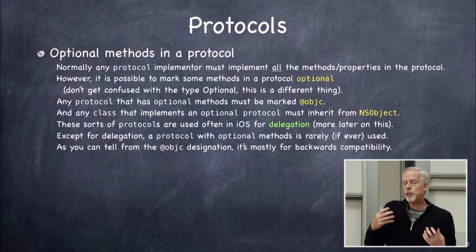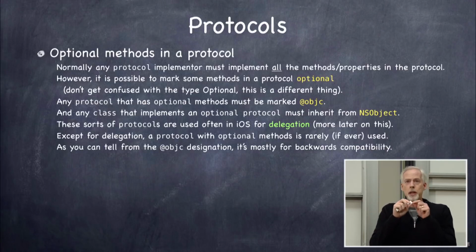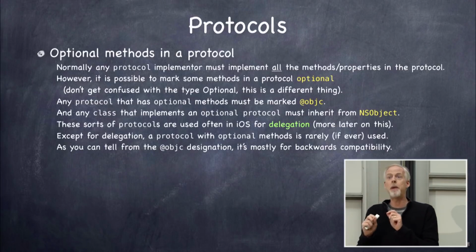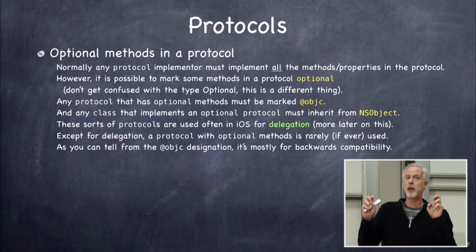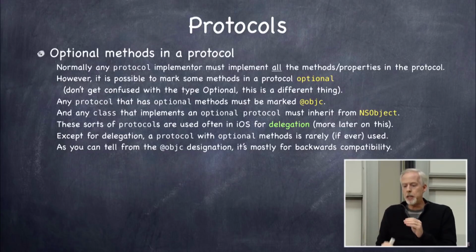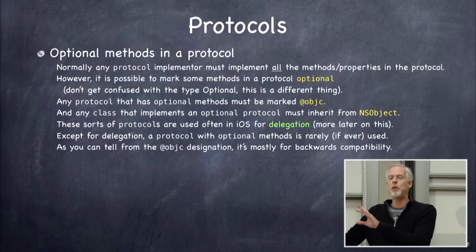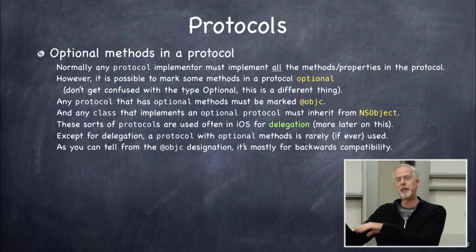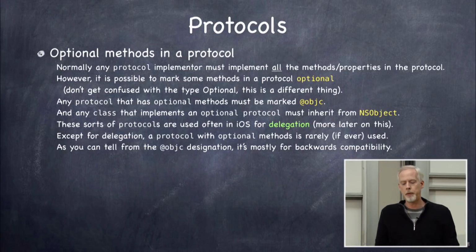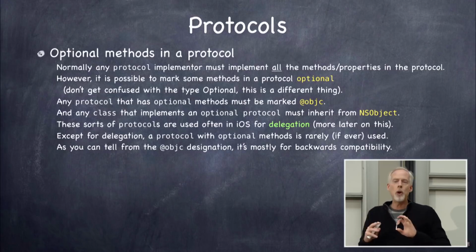Now, that's quite a big difference, and the way that Swift deals with that is it allows you to put @objc in front of your declaration of a protocol and to make it so that this is an Objective-C protocol instead of a Swift protocol. And the only difference is that now methods inside of your protocol can be marked optional. Not optional like question mark, exclamation point, that kind of optional enum. I'm talking about optional like you can optionally implement the method. You don't have to implement it if you don't want to. Okay? So that's a special kind of backwards compatibility mode to Objective-C.